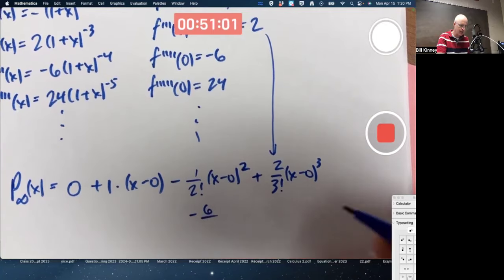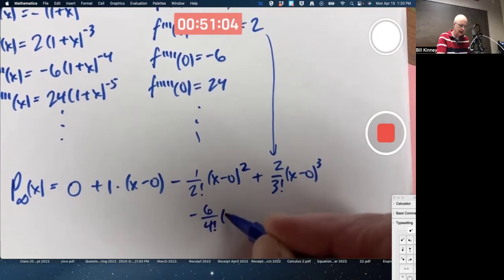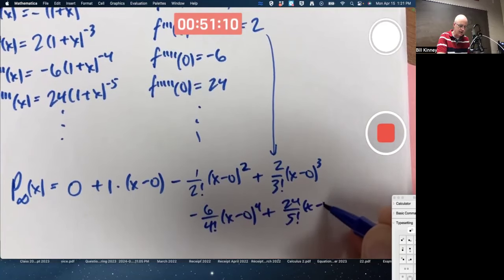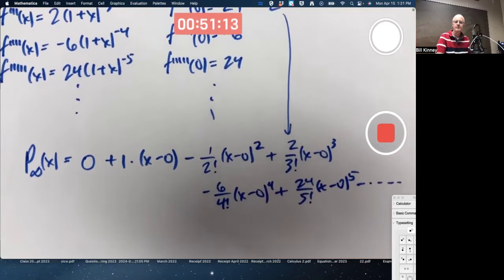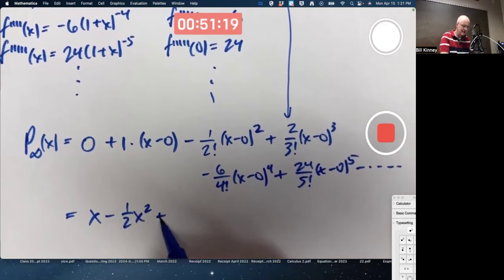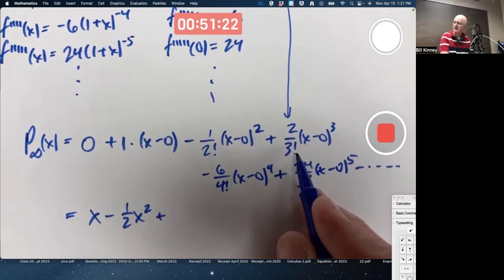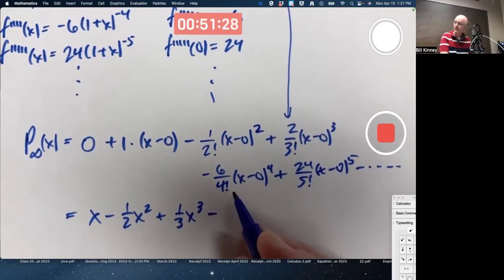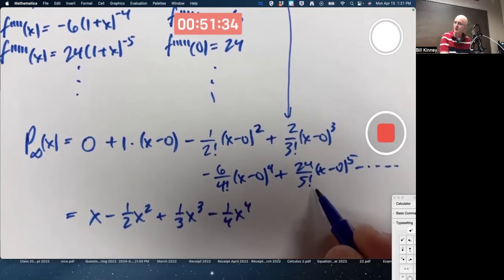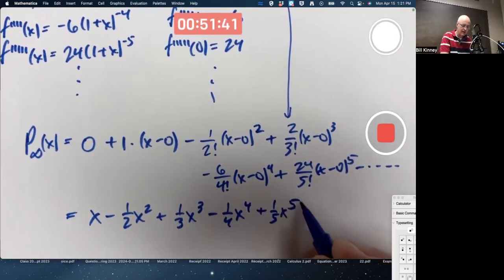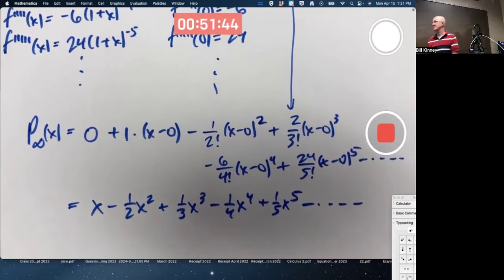Minus 6 over 4 factorial, x minus 0 to the 4th, plus 24 over 5 factorial, x minus 0 to the 5th, etc. Simplify. x minus 1/2 x squared plus 2 over 6, which is 1/3 x cubed. 4 factorial is 24. 6 over 24 is 1/4. 5 factorial is 120. 24 over 120 is 1/5, etc. This is not a geometric series.